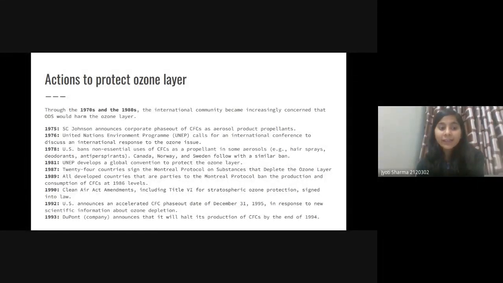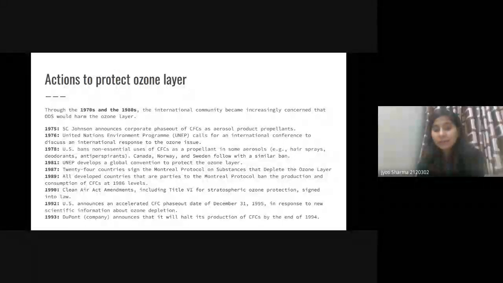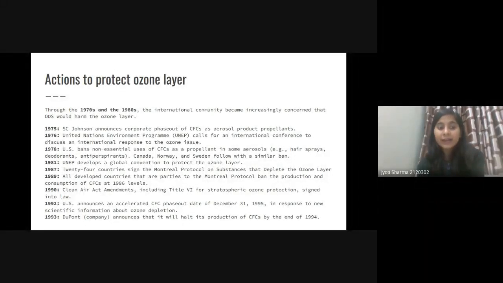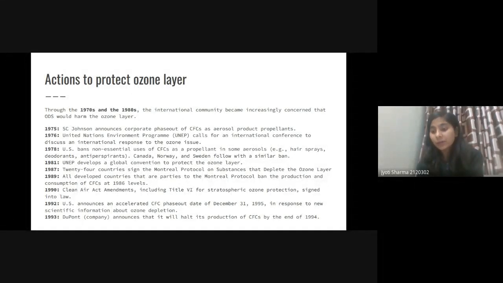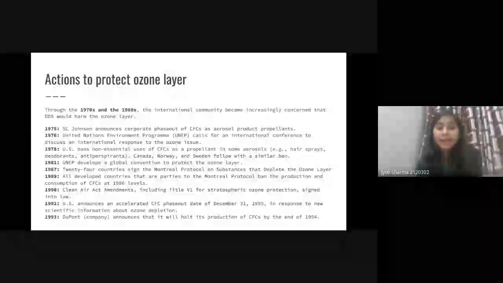Then in 1978, the US banned non-essential use of CFCs as propellant in some aerosols, for example, in hairspray, deodorant, and antiperspirant. Canada, Norway, and Sweden also followed the same ban. And in 1981, UNEP developed a global convention to protect the ozone layer.